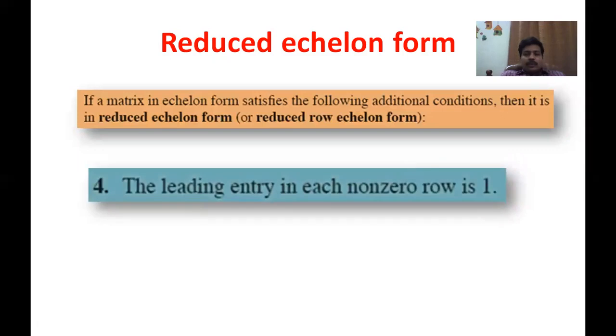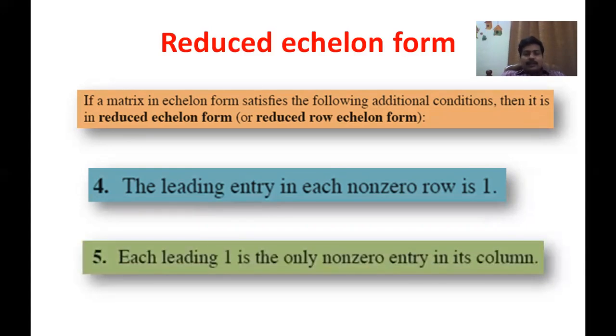Those two additional conditions are: one, the leading entry in each non-zero row is 1. In echelon form, it need not be 1. You can take any scalar. But in reduced echelon form, that leading entry must be 1. That is the first additional condition.